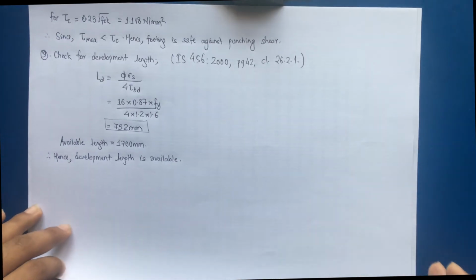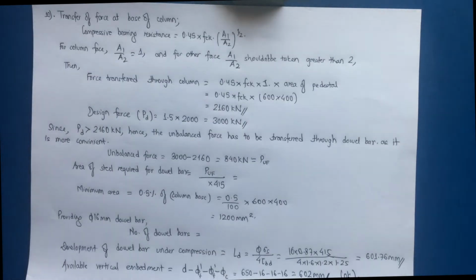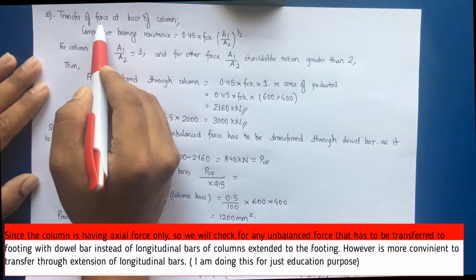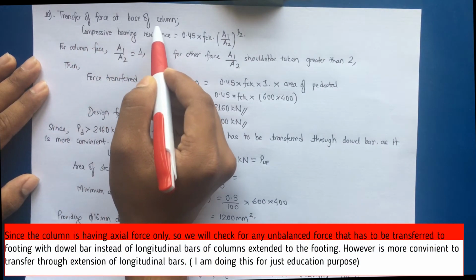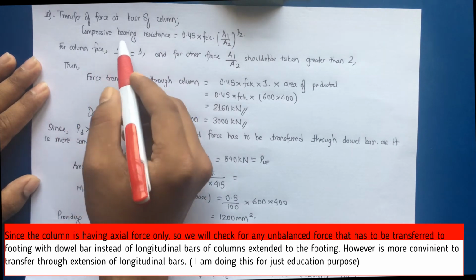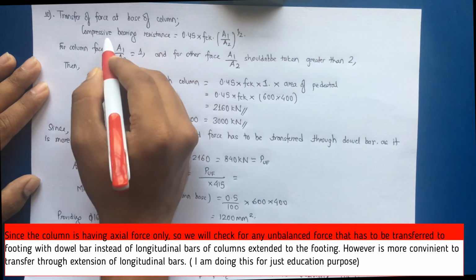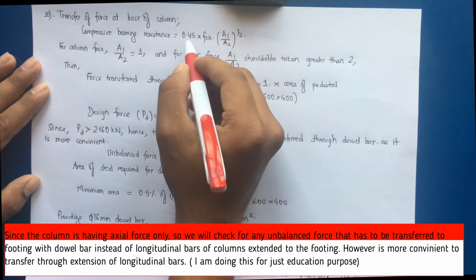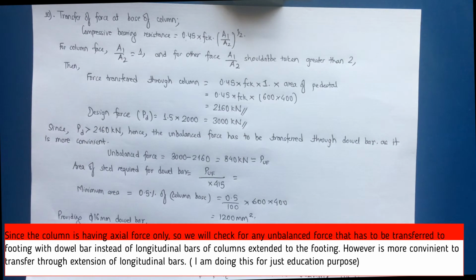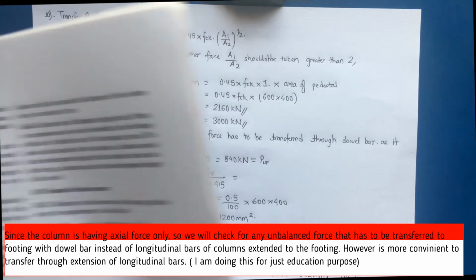Now the last step is the check for bearing strength of the column. So for the transfer of force at the base of the column, the compressive bearing resistance or the bearing strength of the column or concrete is equal to 0.45 fck into (A1 by A2) to the power 1 by 2, that is square root of A1 by A2.